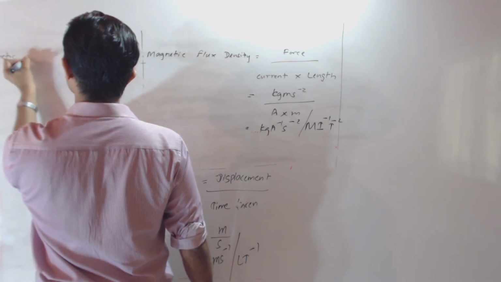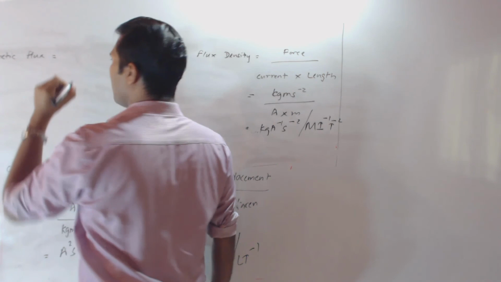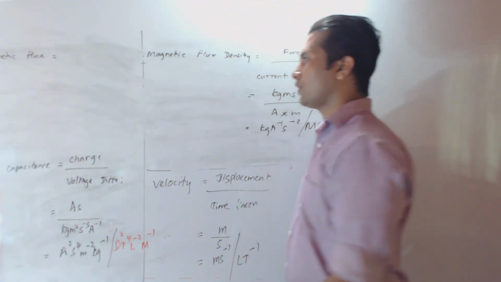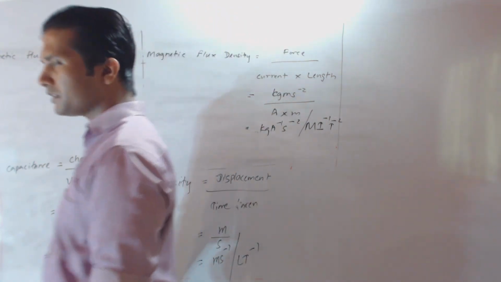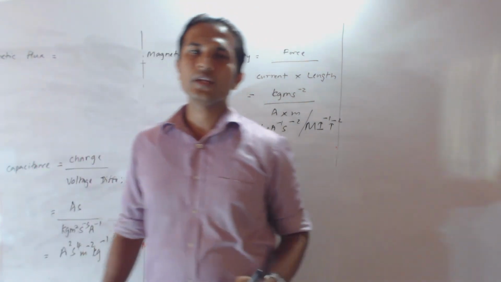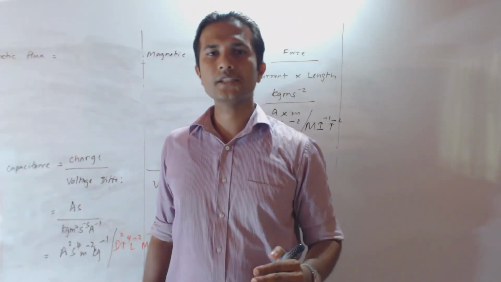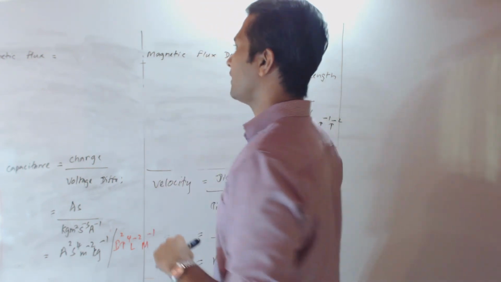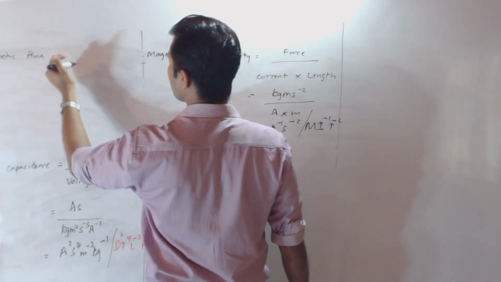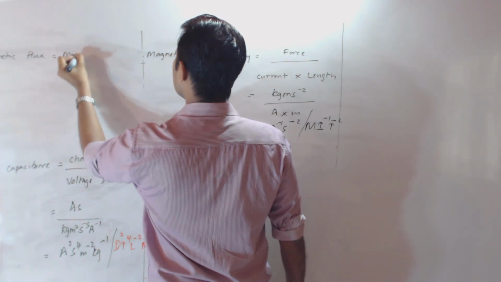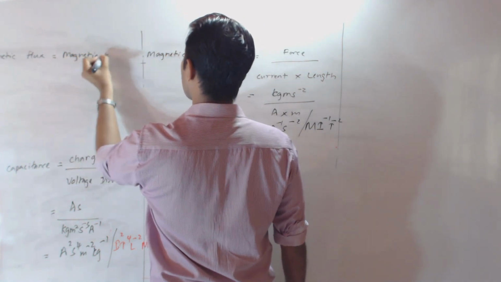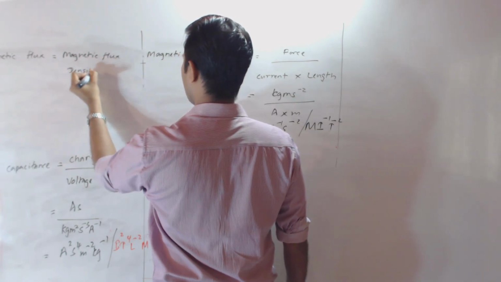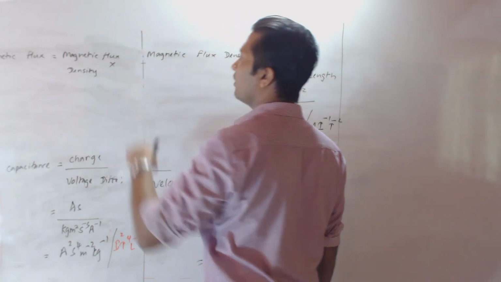When finding the magnetic flux, there is a well-known equation, phi equals B into A. That is magnetic flux equals magnetic flux density into area.